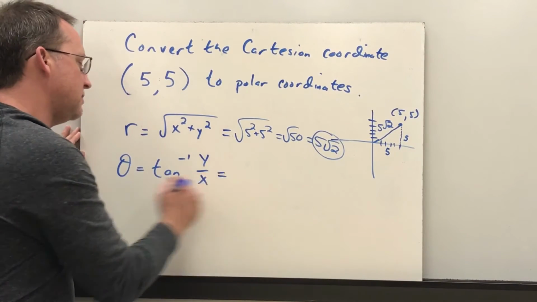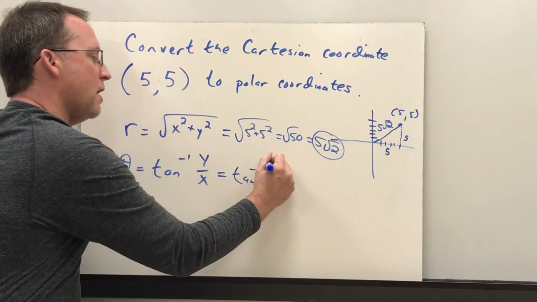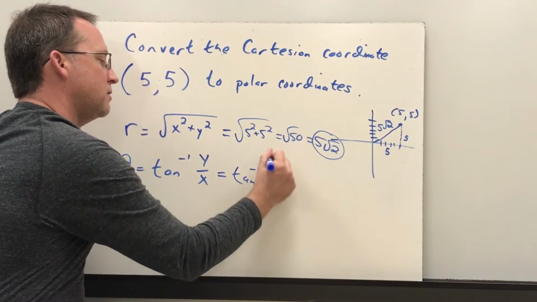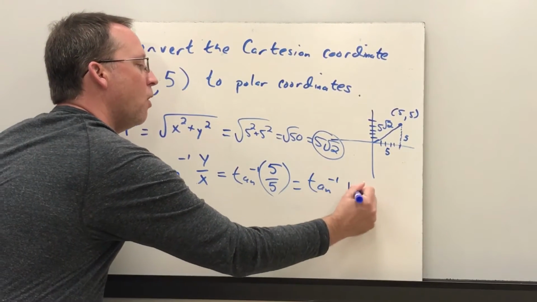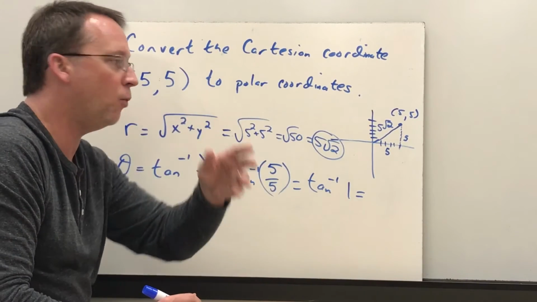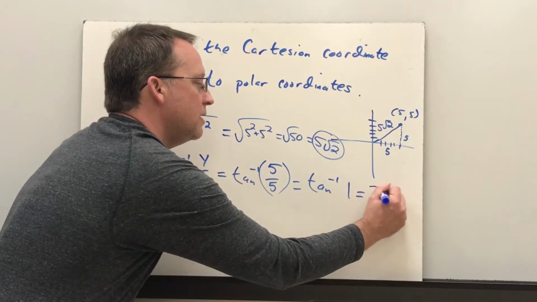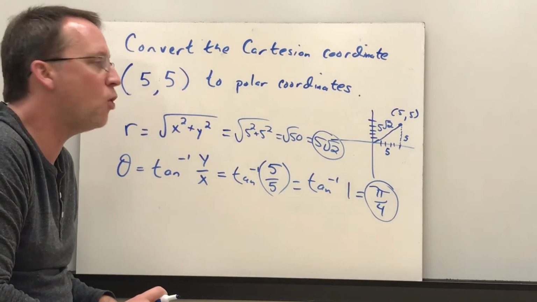So in this case, theta is the inverse tangent of the y-coordinate over the x-coordinate, 5 over 5. It's the arctan of 1, which means find the angle that has a tangent of 1. We know that angle is pi over 4. We know the tangent of pi over 4 is 1.